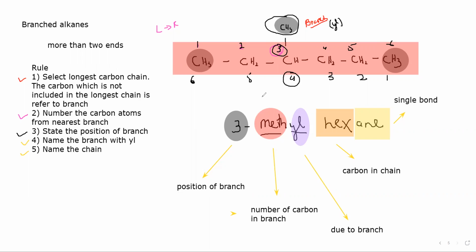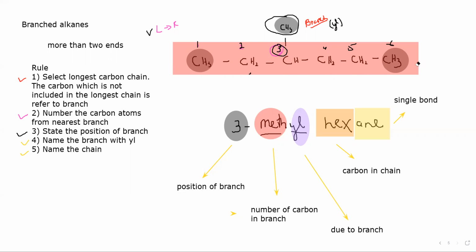Which numbering will make the branch closer, right to left or left to right? In this case, it is from left to right. We will not follow both numberings; we will only follow the numbering in which the branch is closer. So we follow the numbering from left to right.